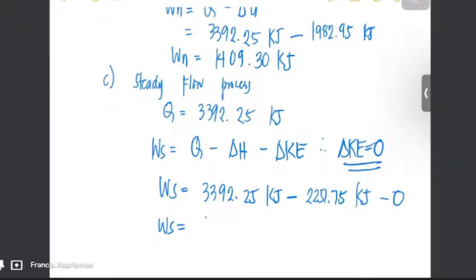So we have 1140.5 kilojoule. Ayan, class. So, that is the constant temperature process, the isothermal process.